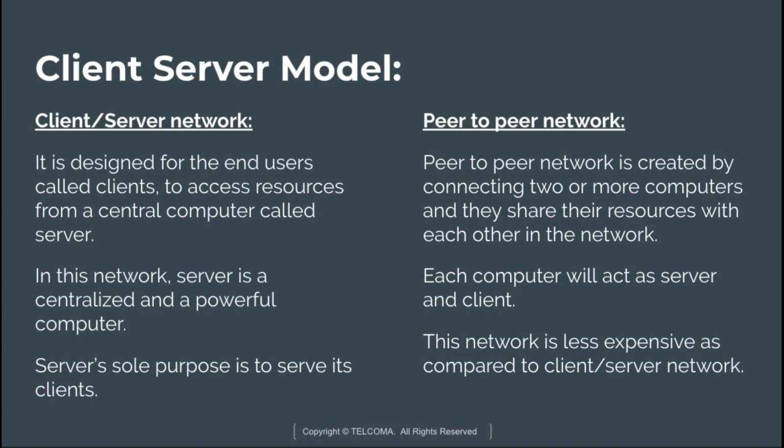In client-server, the server's purpose is to serve its clients with different applications, like sharing files, songs, video collections or some other services. Whereas the peer-to-peer network is less expensive as compared to the client-server network.